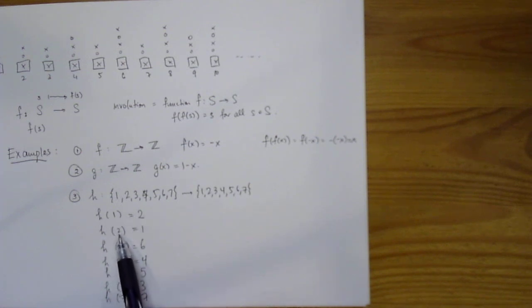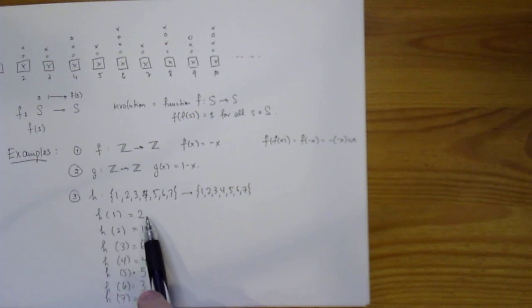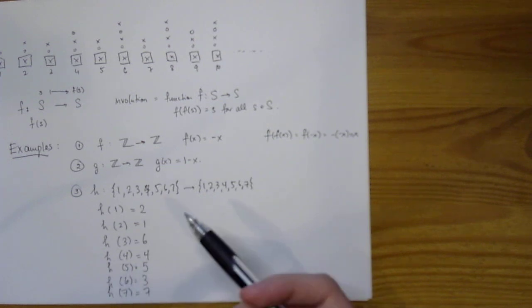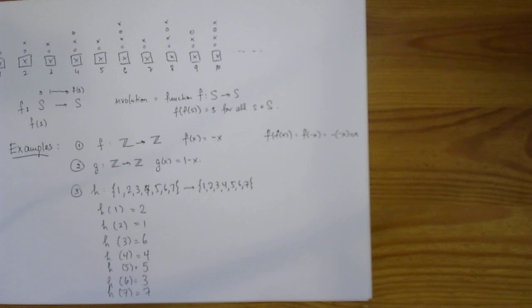If you start at 2 and do the function twice, you get back to 2. If you start at 3 and do the function once, you get to 6, and then you do it again, you get to 3 again. And if you start at 4, h of 4 is 4, and so on. So this is another example of an involution, and there are lots of involutions that come up a lot.